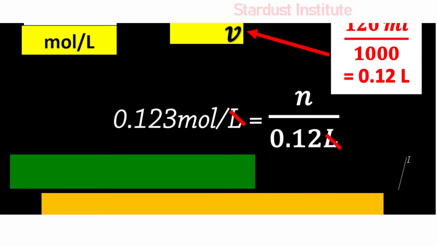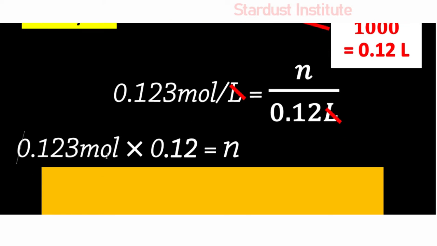Here we need to find the number of moles. Therefore, we should isolate n on the right hand side of the formula. Then 0.12 goes to the left hand side. 0.123 moles times 0.12 equals n, the number of moles.